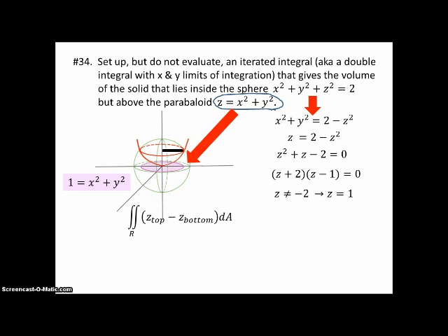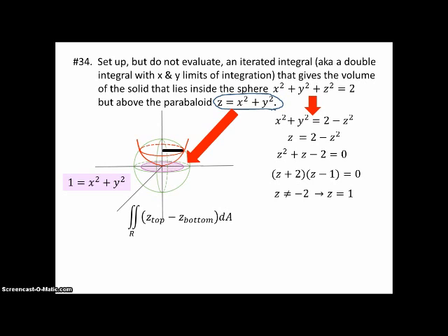And now we want to take the integral of the top surface minus the bottom surface. Now it's arbitrary actually whether we integrate with respect to y or x first, because the purple circular region on the xy plane is both horizontally and vertically simple.